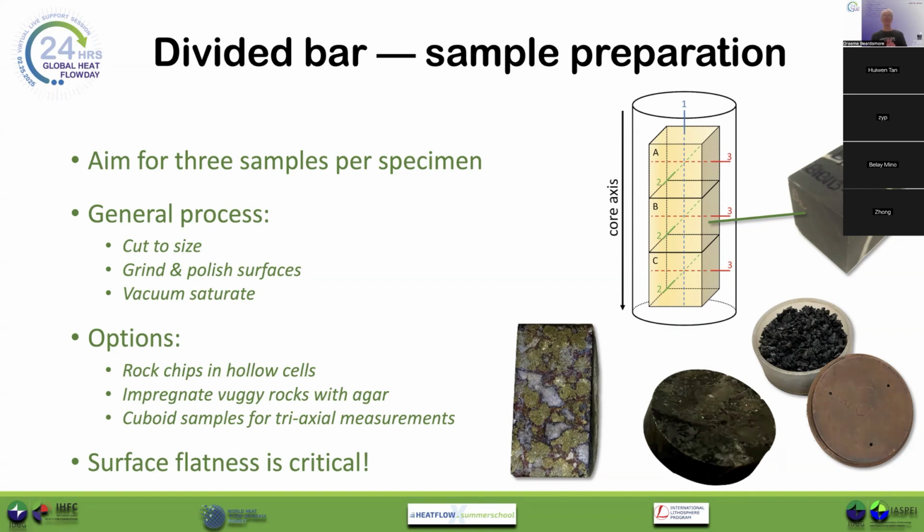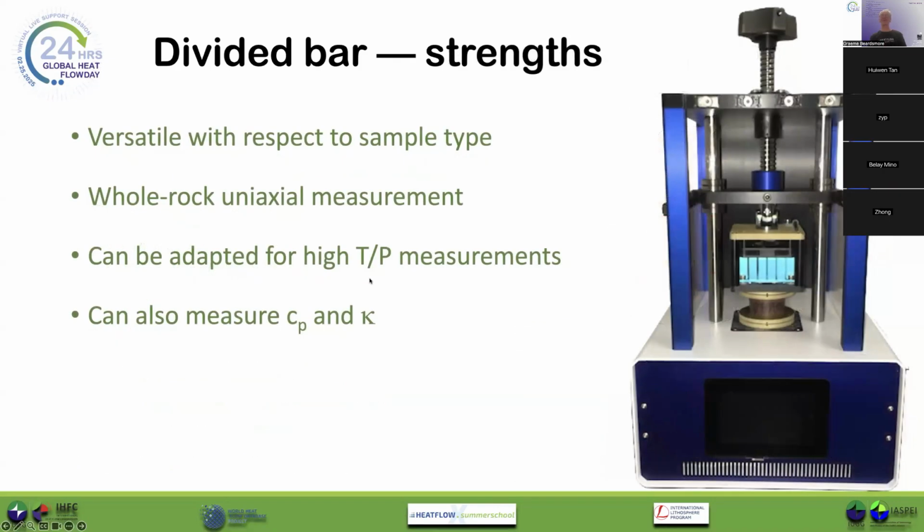If you have slightly concave or convex surfaces on the samples, then that will very seriously, critically impact the thermal contact of the sample with the divider bar plate, and can have quite a dramatic effect on the inferred thermal conductivity. So surface flatness is the one critical feature of preparing samples for divider bar measurements.